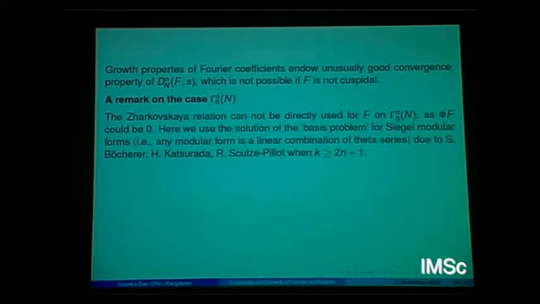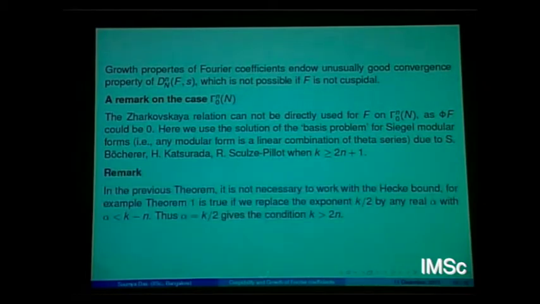This is due to Böcherer, Katsurada, and Schulze-Pillot, and for that you need the weight to be large. So you can plug that in, and then you can get around this difficulty of phi of f non-vanishing. But the main theme was comparing the Andrianov identity and the Zharkovskaya relation.